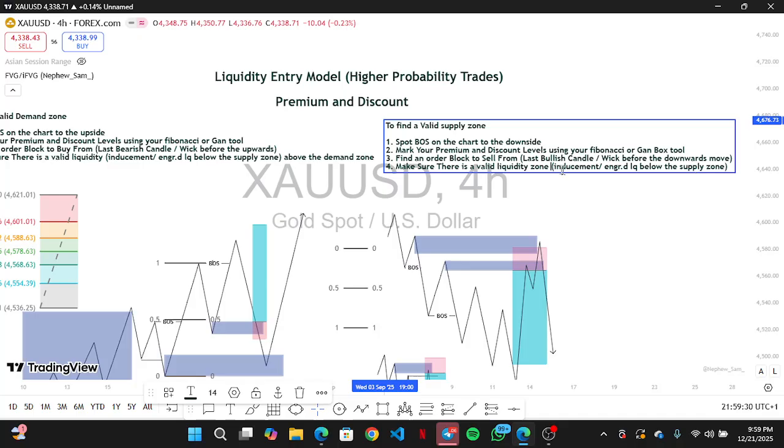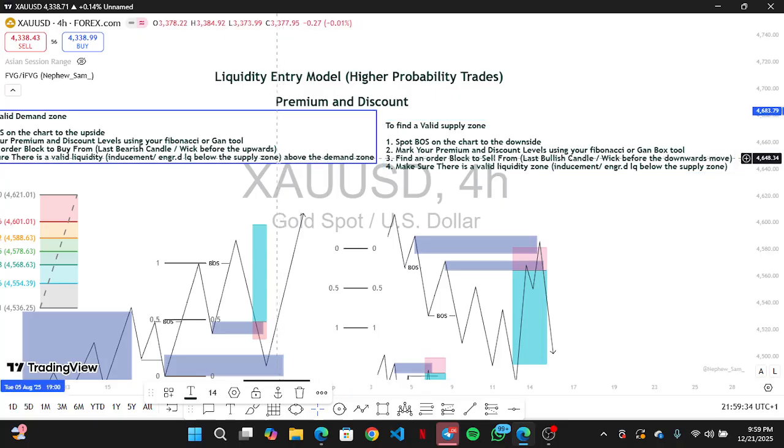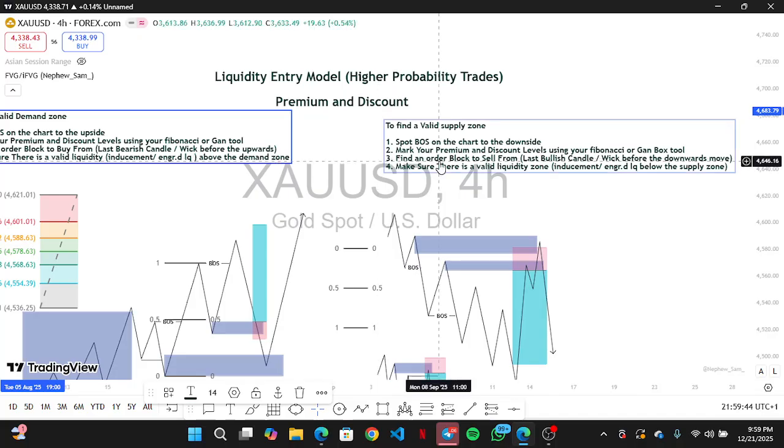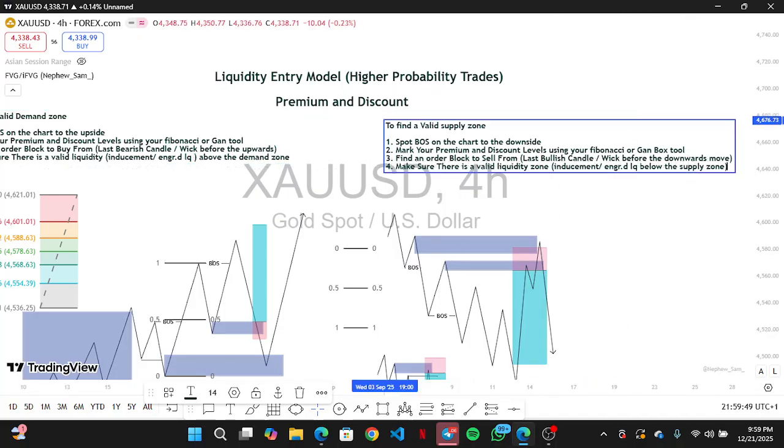So that's what they call it. Let me get that now. Inducement or engineered liquidity. Sorry for this long typing, but it's necessary.